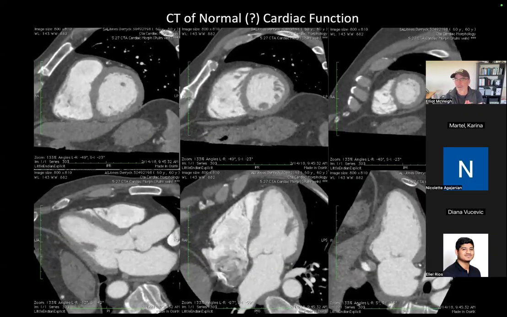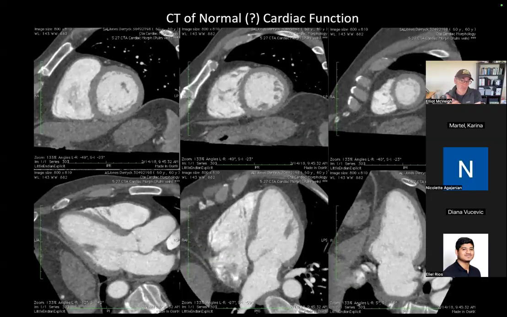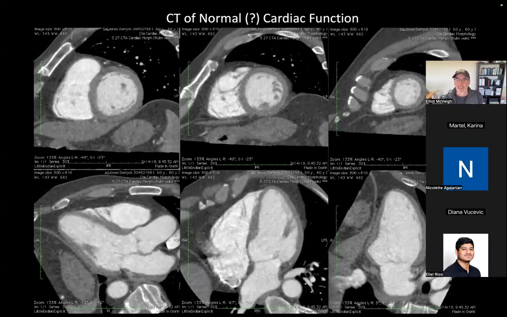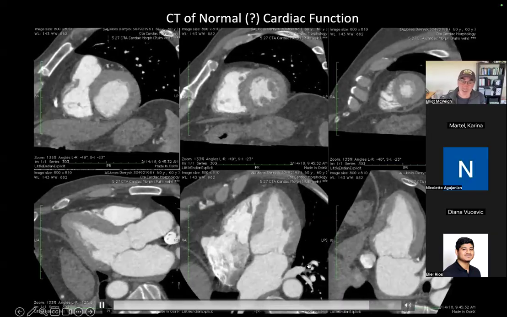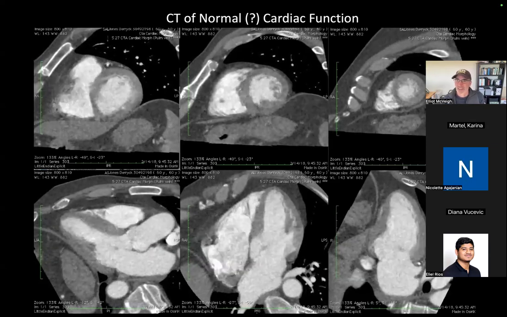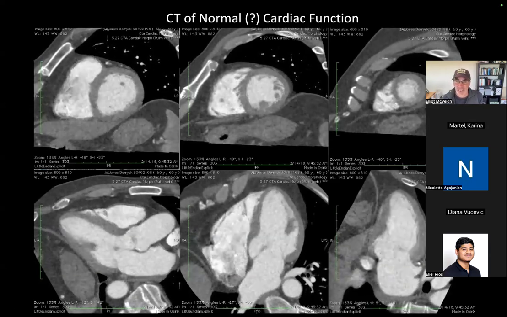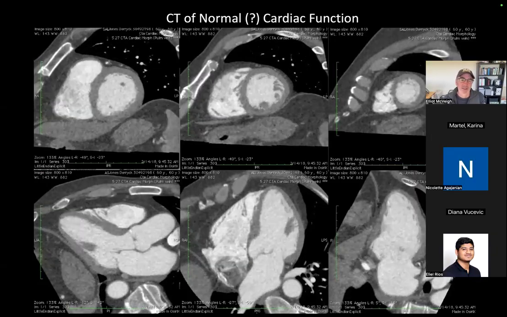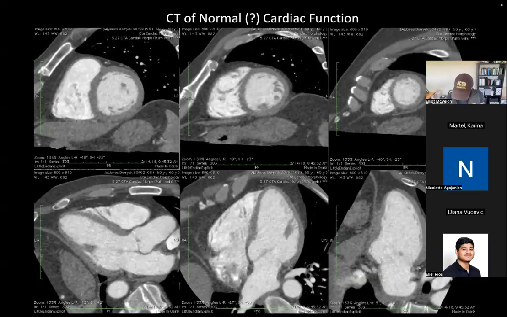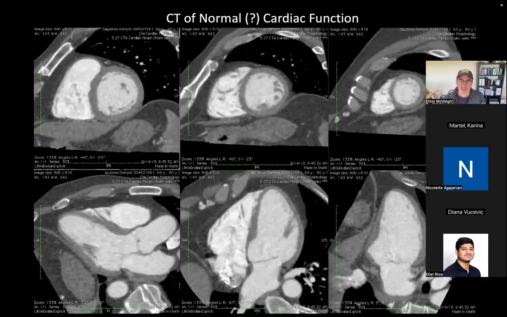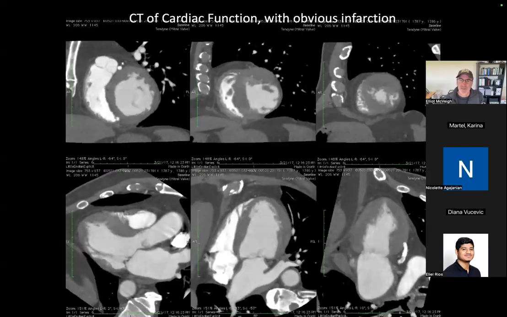And this infarct was missed on echo because it's quite deep, it's pretty subtle, right? But on CT, it's pretty darn clear that you can see that this person has had a previous infarct. That was unknown when this person came into the scan. We found this by surprise, actually. It was a surprise to the person. And that's just using these. We haven't done any kind of analysis or anything, just using those views.